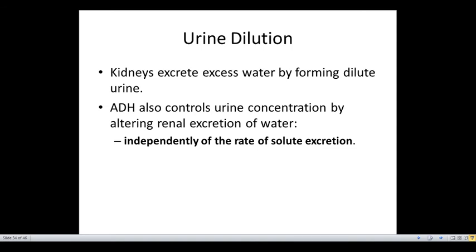And ADH, antidiuretic hormone, also controls urine concentration by altering the renal excretion of water independently. I repeat, independently of the rate of solute excretion.